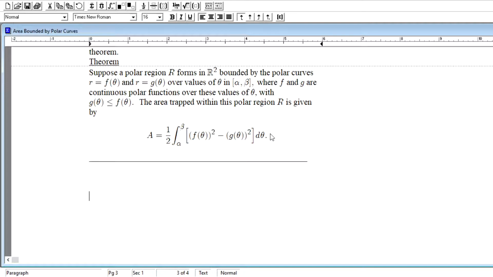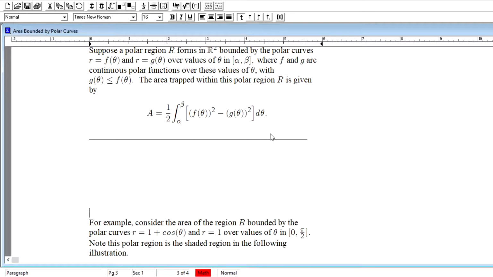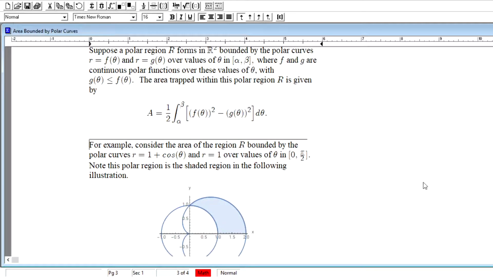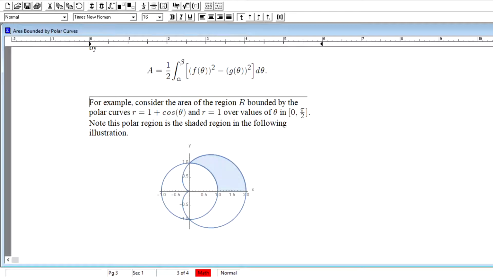If we consider an example, we might consider the area of the region R bounded by the polar curve r equals 1 plus the cosine theta and the polar curve r equals 1 over values of theta in the closed interval from 0 to pi over 2.